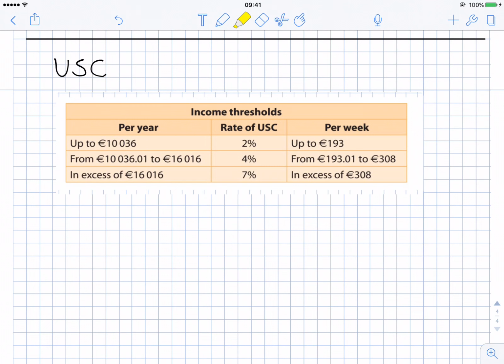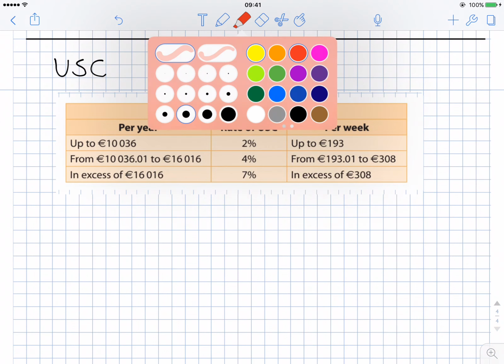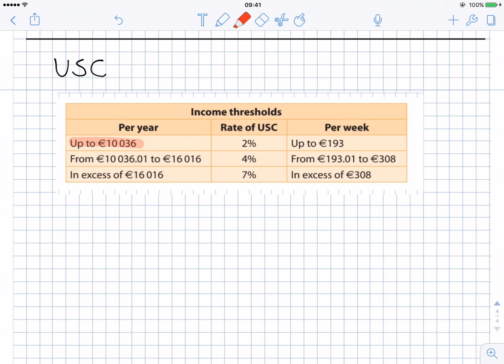So basically what we're being told is that everything you earn up to €10,036, you will pay 2%. Or if you're looking at that on a weekly amount, if you earn up to €193, you'll pay 2% of it in USC. And then everything above €193.01 but below €308, you'll pay 4%.